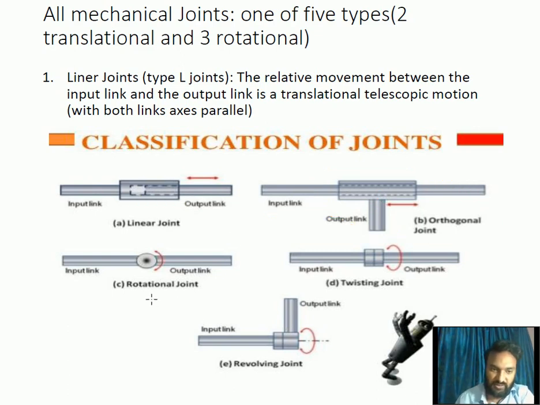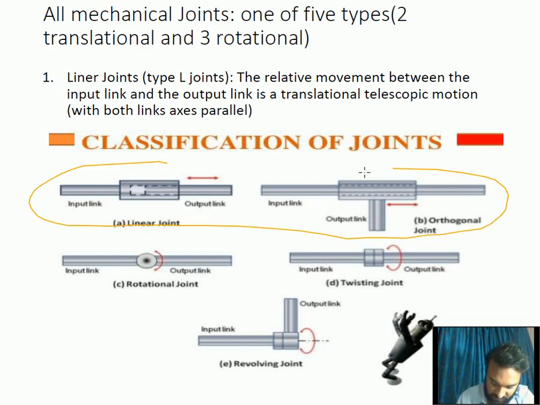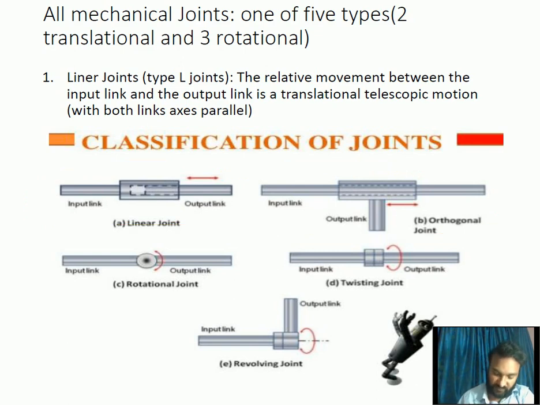Next is rotary. There are two types of linear joints and three types of rotational joints, or more precisely rotary joints. So this one: the input link axis is this way, the output axis is this way, and the axis of this joint is normal to these two links.